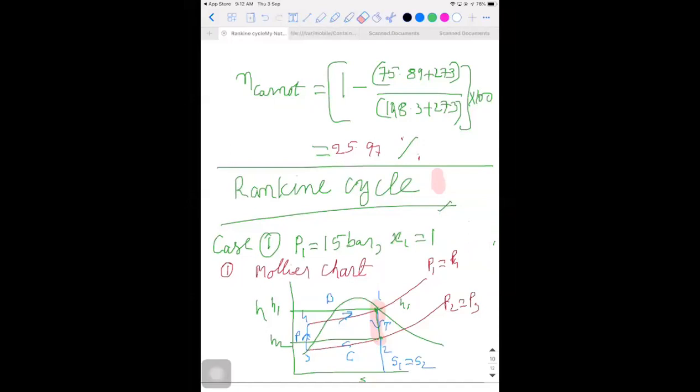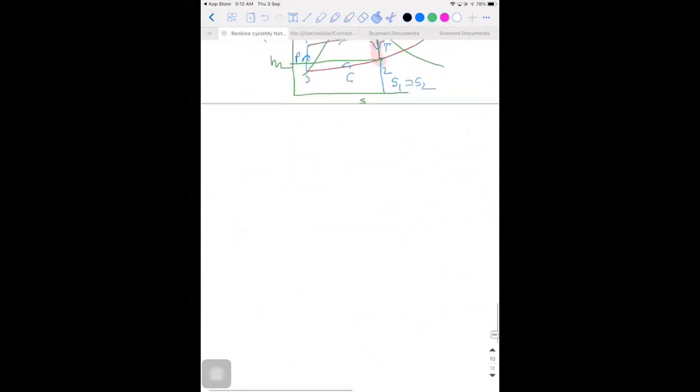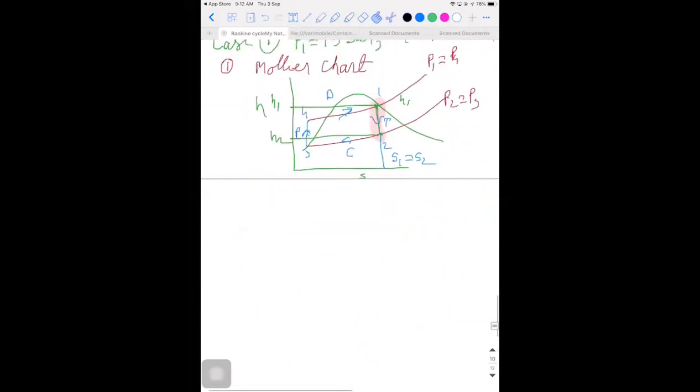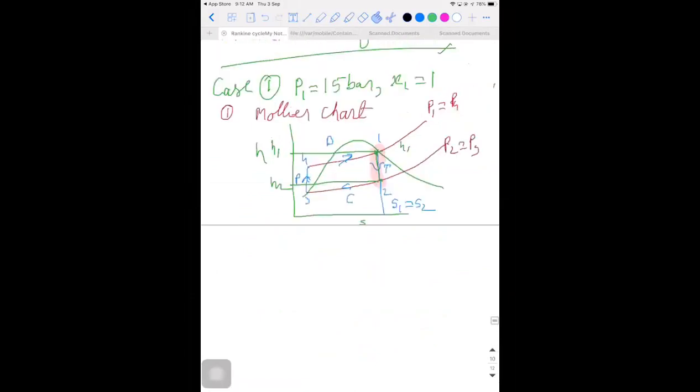Okay, and now we'll go with this Mollier diagram. First of all, I would like to know how we are going to identify all these things, so let us check it. This is the HS diagram, the overall diagram, sir.